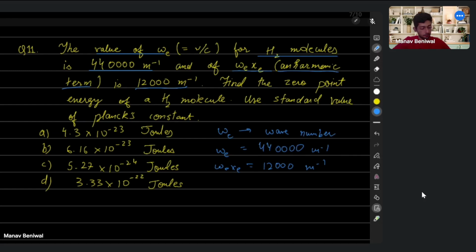And what do we have to do? We have to find the zero point energy of the H2 molecule. So this is what we have to find out.